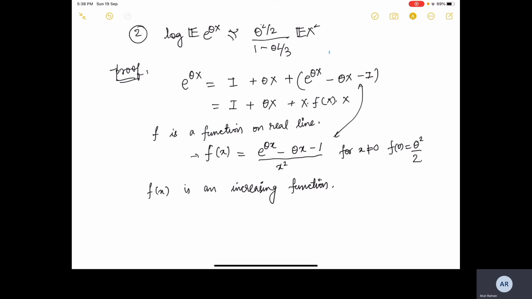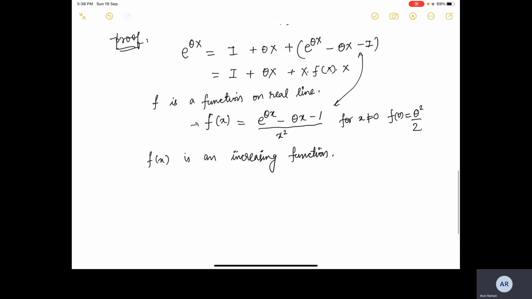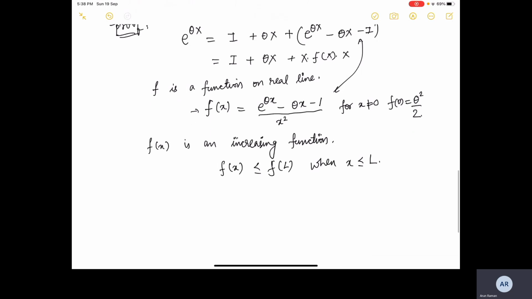Now, because it is an increasing function, we have this inequality.